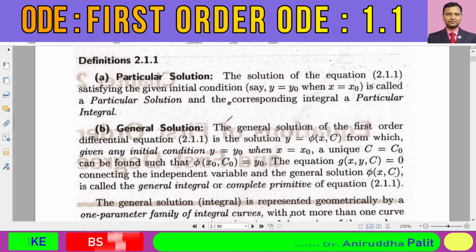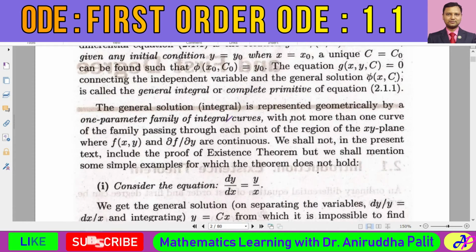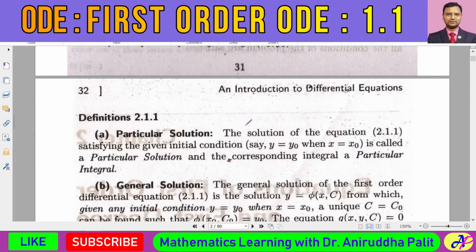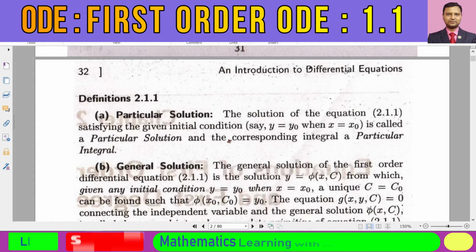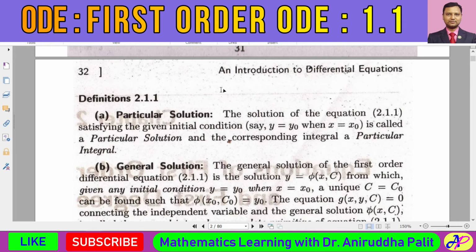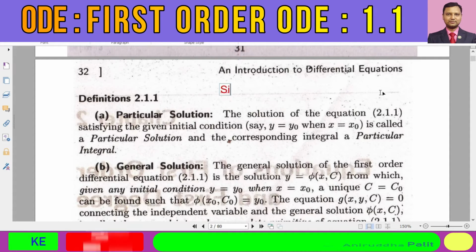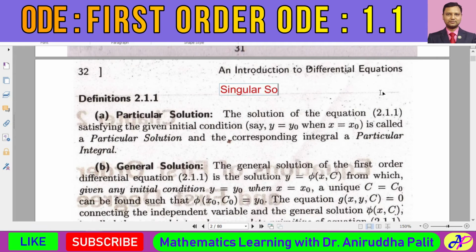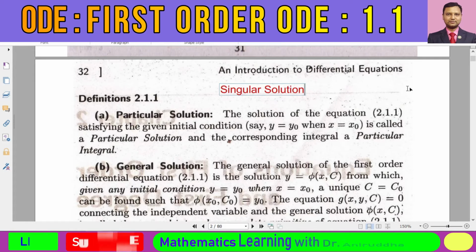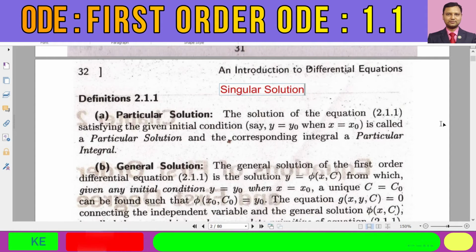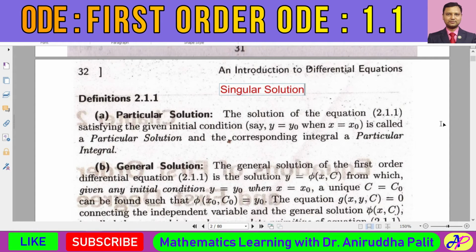And over here we need to discuss, as per the syllabus, one more kind of solution that is called singular solution. What is this singular solution? In the next subsequent lectures, we will discuss in detail this kind of singular solution.